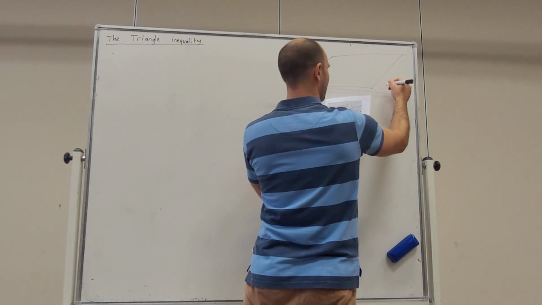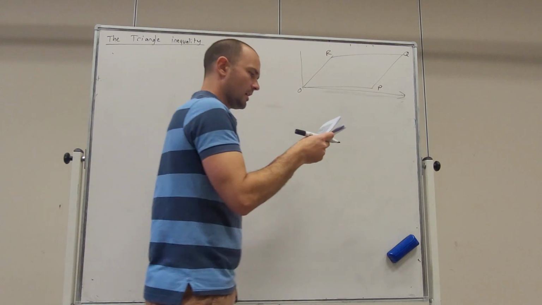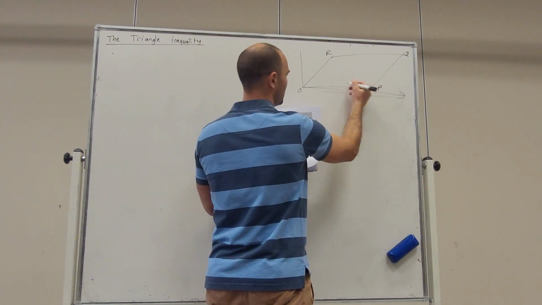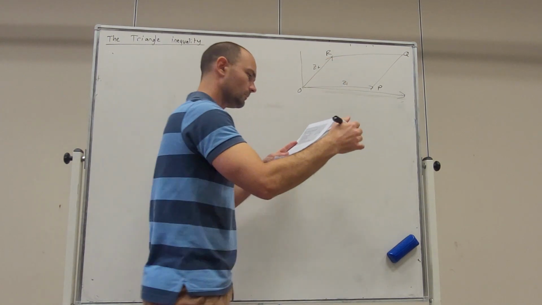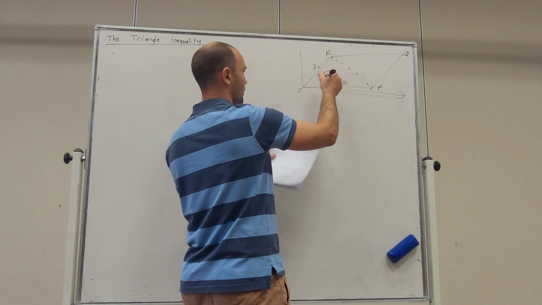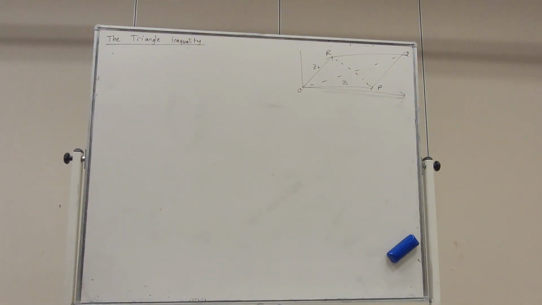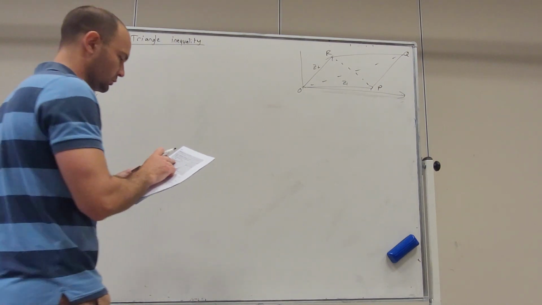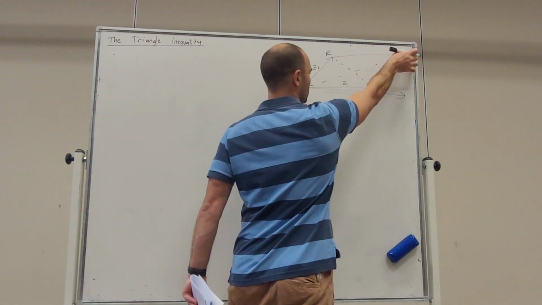OPQR, and we have Z1 and Z2. We have this vector here, PR, and this vector here, OQ. Okay, it's a parallelogram. Z1 and Z2 are complex numbers. Find in terms of Z1 and Z2, OQ, the vector from O to Q.